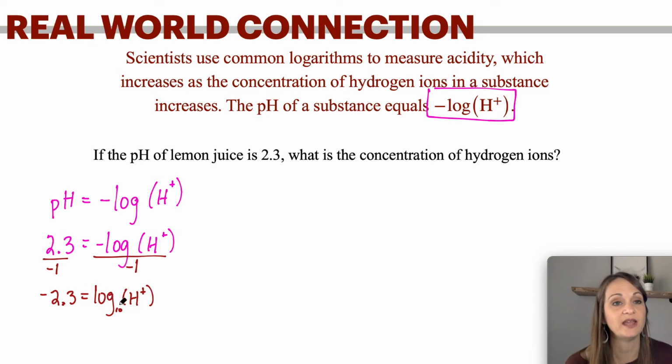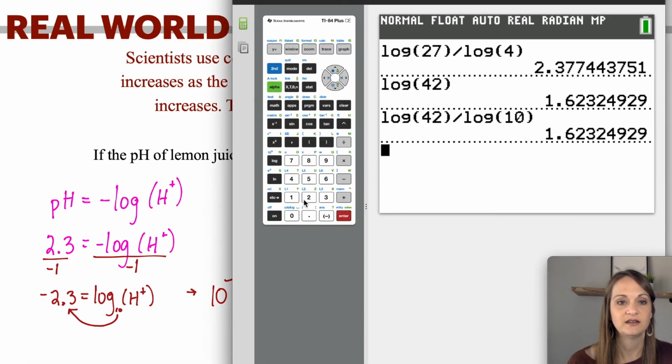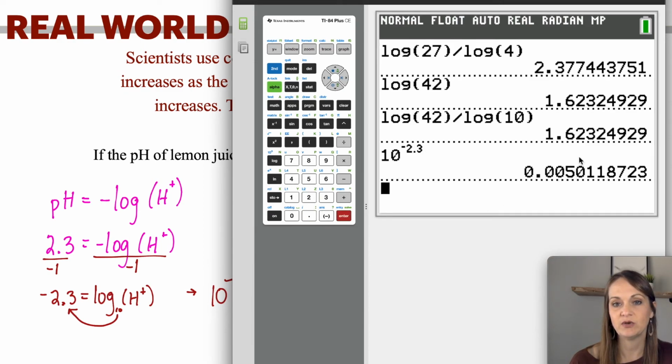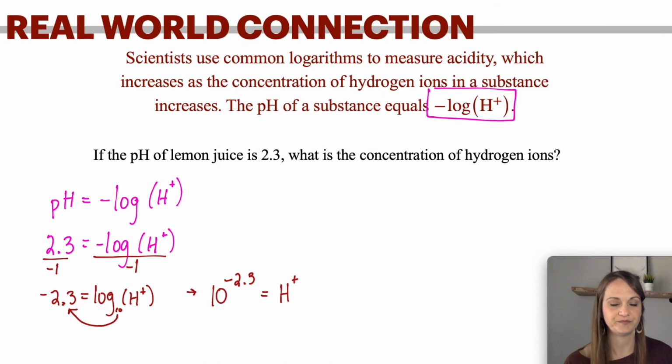So you can rewrite this as an exponential. This base raised to the exponent, so 10 raised to the negative 2.3, is going to give me the number or concentration of hydrogen ions. And so if you type that into the calculator, 10 raised to the negative 2.3, you're going to get 0.005.